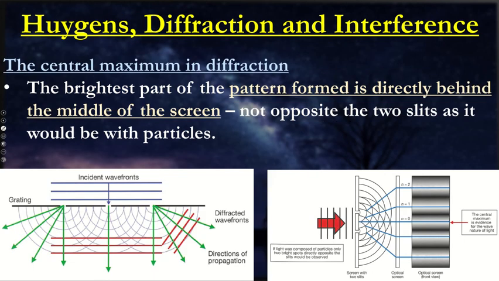Okay. Another thing we also know is if you have a double slit or you have any diffraction, you get this interference pattern here. Now, if you recall, if you get a bright band, that is showing constructive interference. So the waves are meeting at the same maximum.